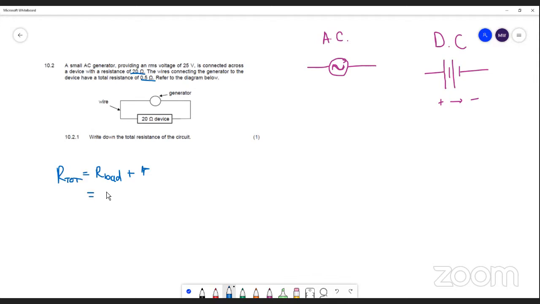So it would be your 20 ohms from your device, as well as your 0.5 ohms that comes from the wires. So your total resistance would be 20.5 ohms. Does that make sense? Total resistance is always everything added together.